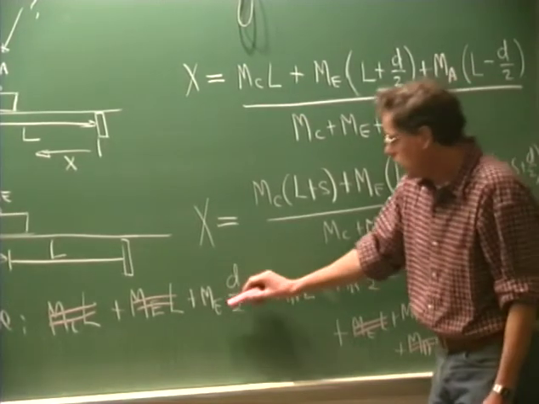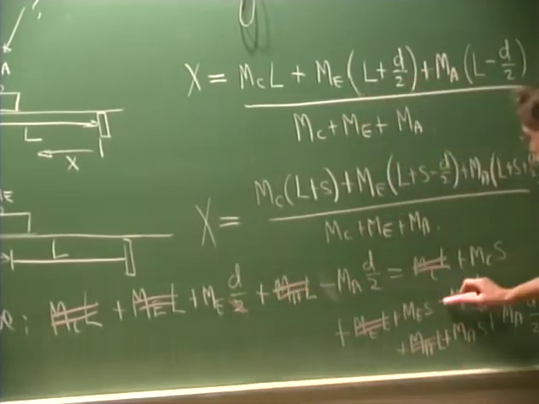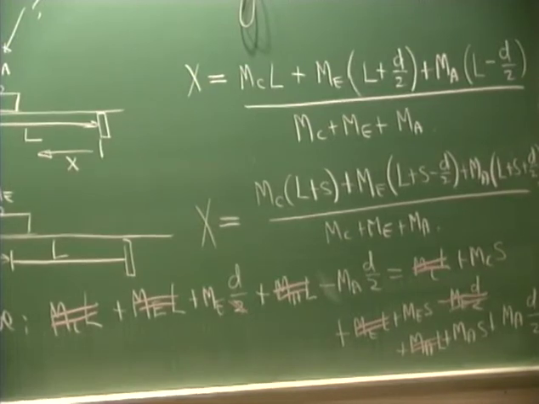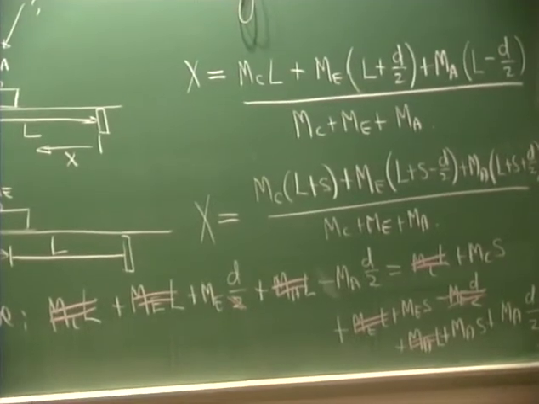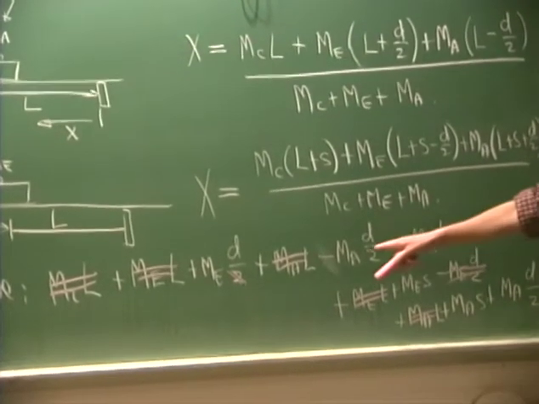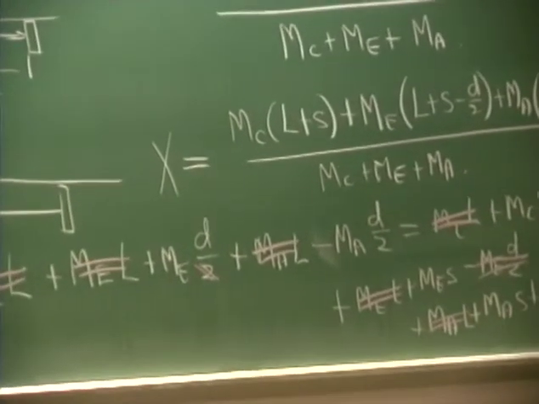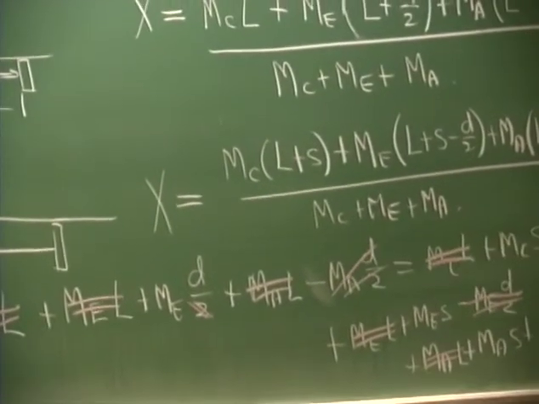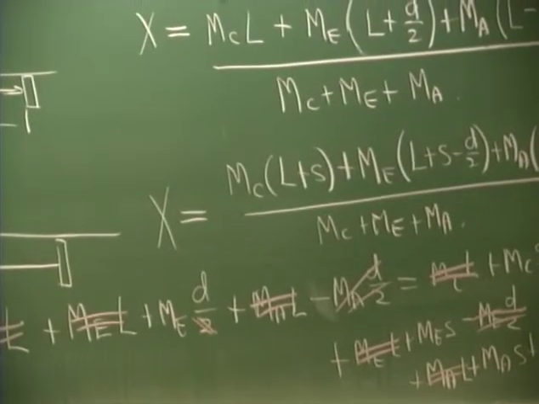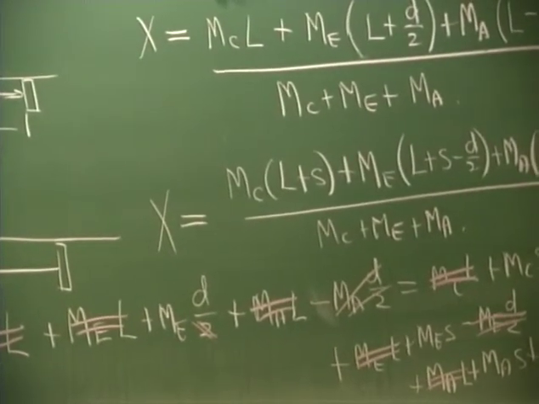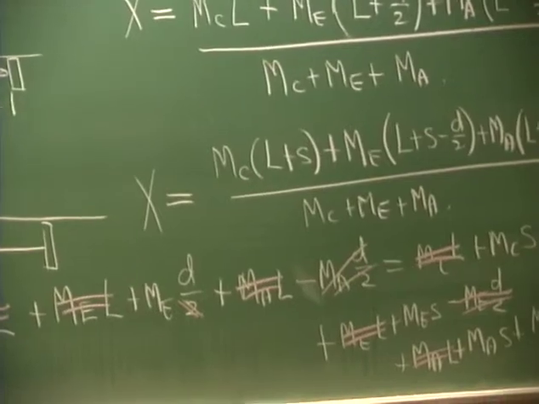If I pulled it over to the other side, it would just be ME times D, so I can kill that. Here I have MA times D over 2. I have made a mistake. Oh no, this is on one side and this is on the other side with a minus sign. So if I bring that over here, it'll kill the 2 in the denominator. And everything else I think stays.